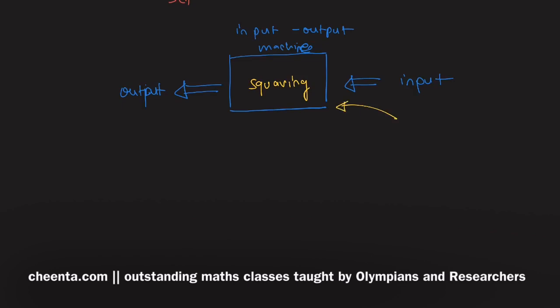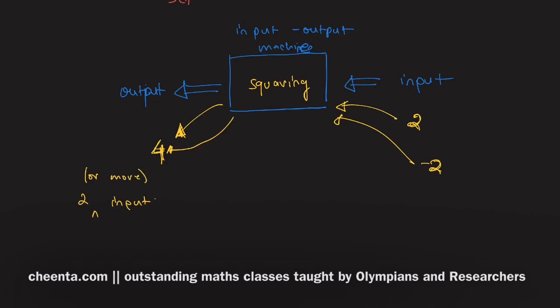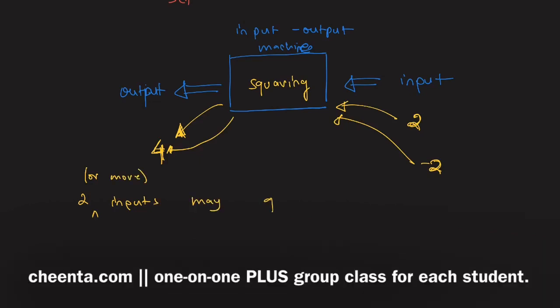So if the input is 2, the output is 4. If the input is -2, the output is also 4. So the output is the same. So it may happen that two or more inputs may give the same output.